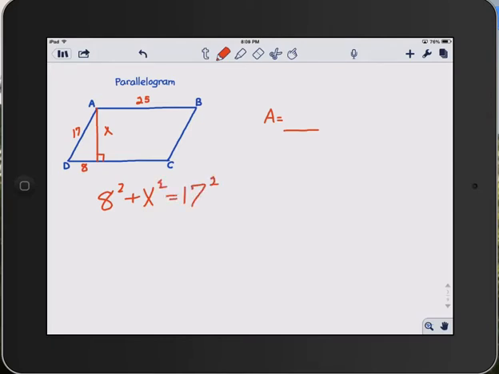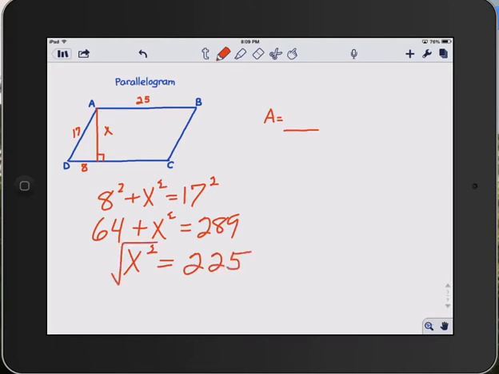So 64 plus x squared equals 289. Subtract 64 from each side of the equation gives you x squared equals 225. Take the square root of each side of the equation, we get x equals the square root of 225, which is 15. But that's not the answer to the question.